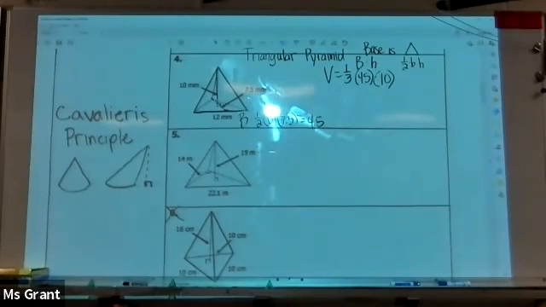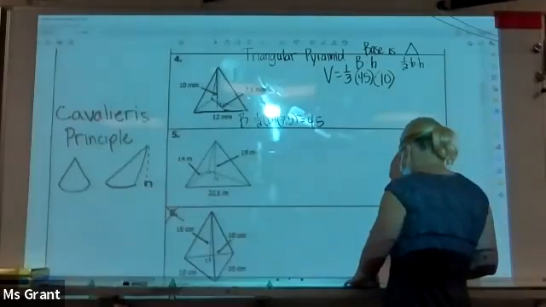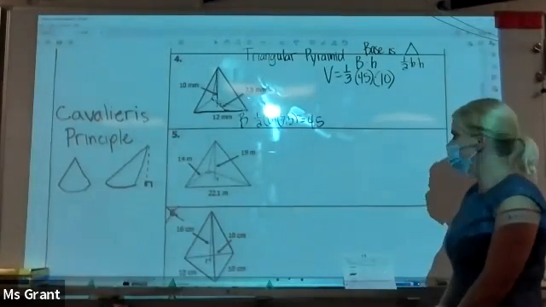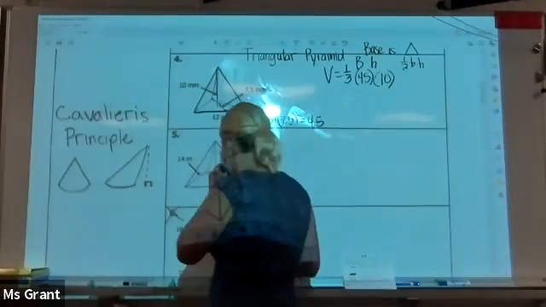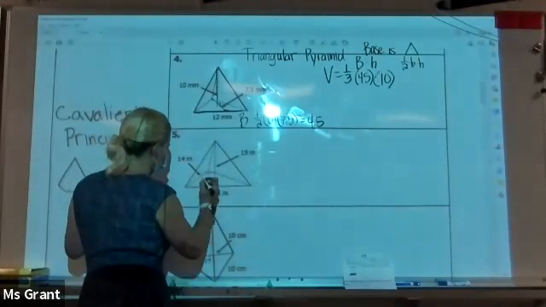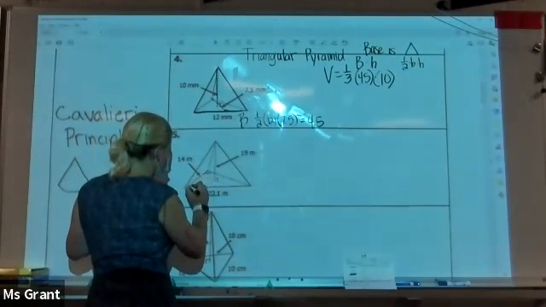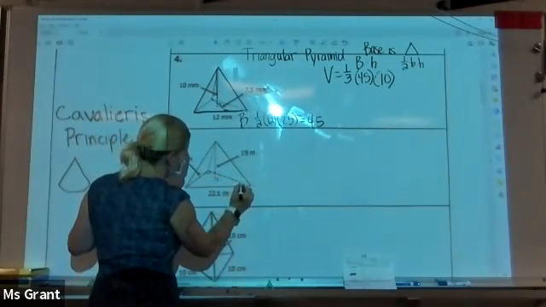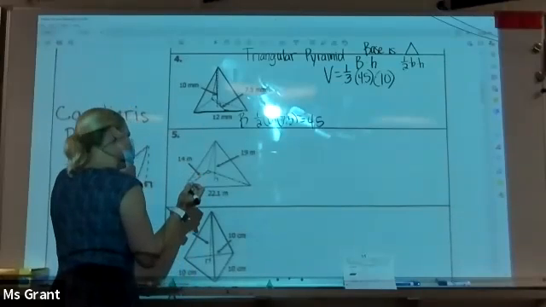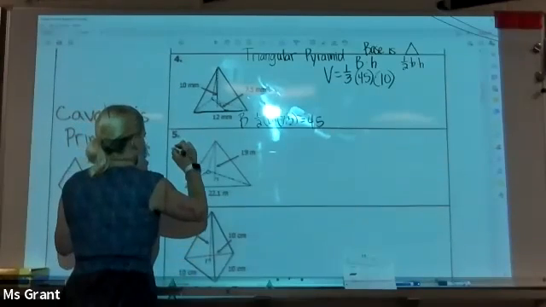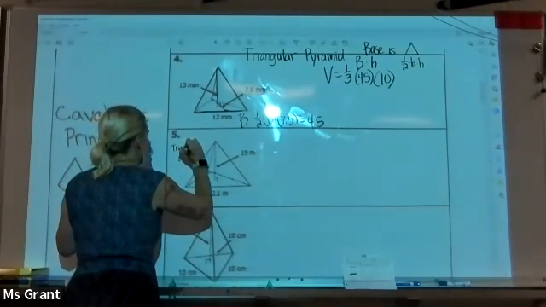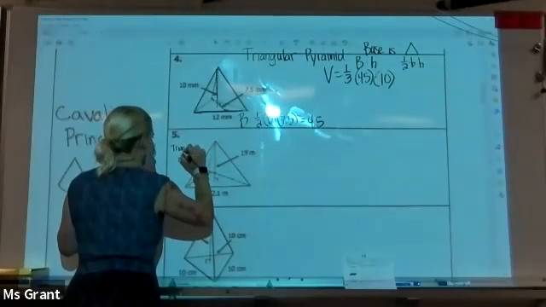The number comes out so nice. What is it? 150 millimeters cubed.